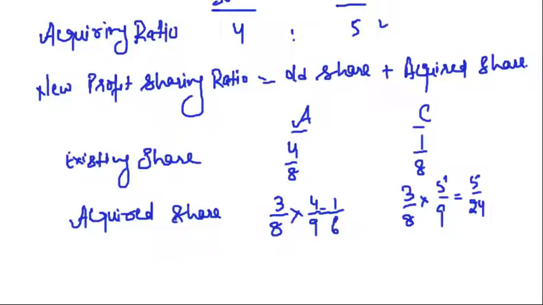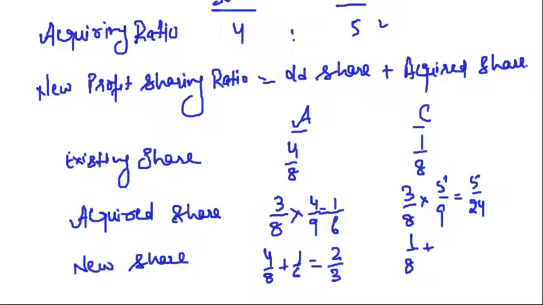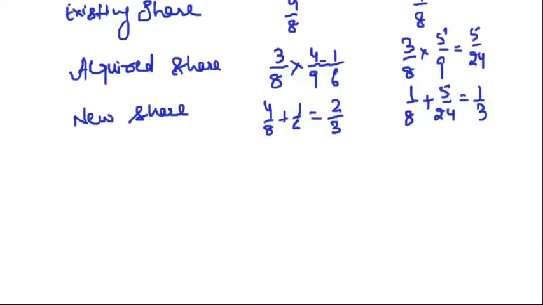So now the new share is the existing share 4/8 plus 1/6. This comes to 2/3. And for C, the existing share is 1/8 plus 5/24. This comes to 1/3.